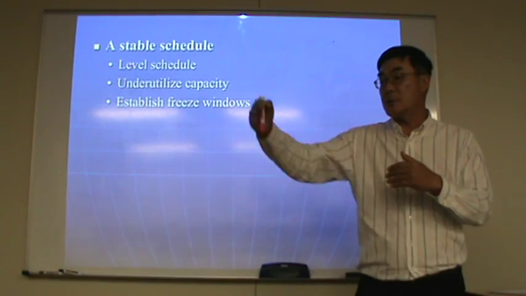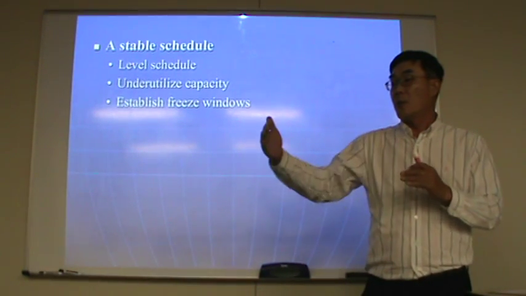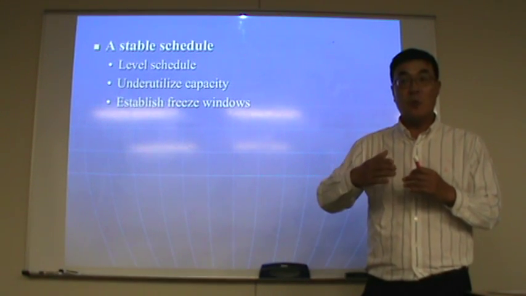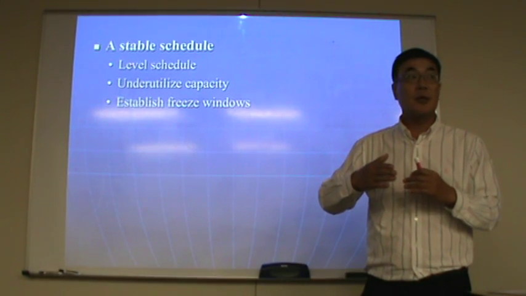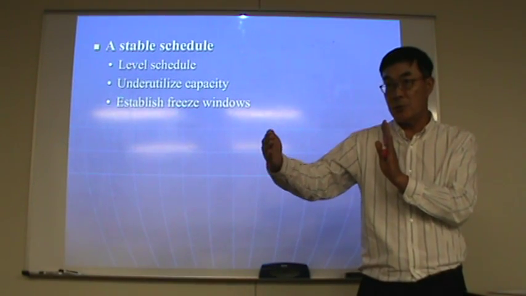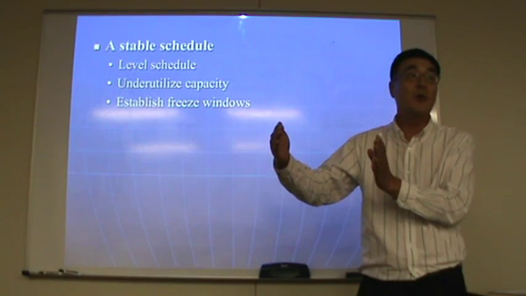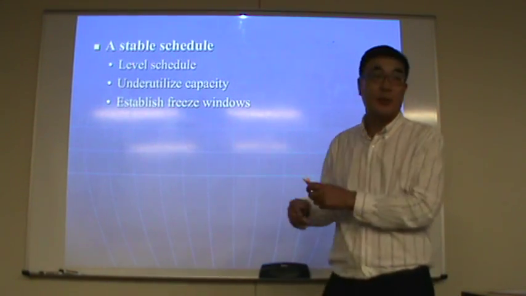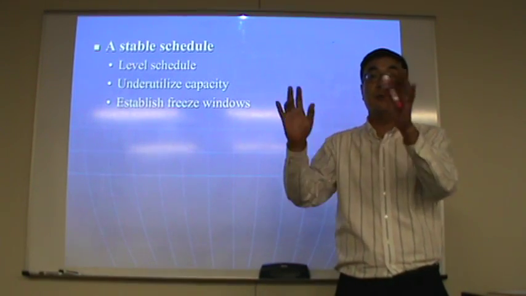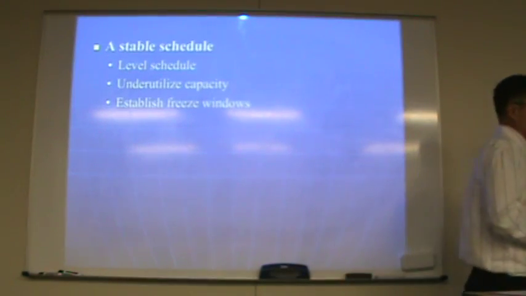Next month, next month, next month, like this. Beyond 1, 2 or more months, they can change. But closer to the schedule, don't change. So usually a 1-month freeze window. If they change, then production scheduling may be messed up. So use a freeze window.